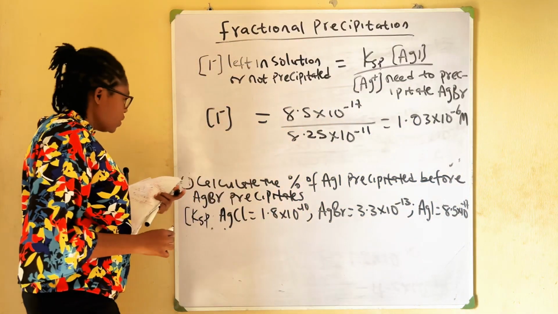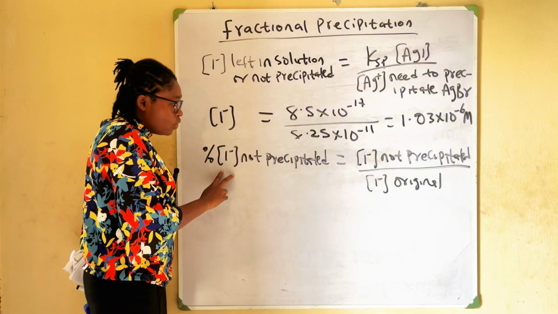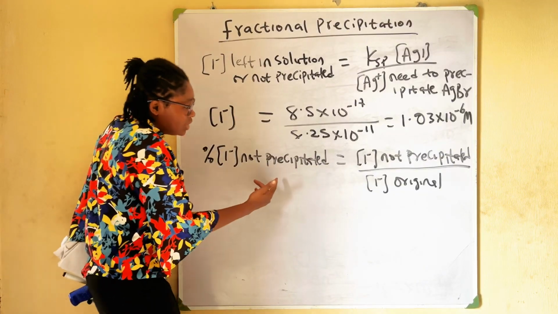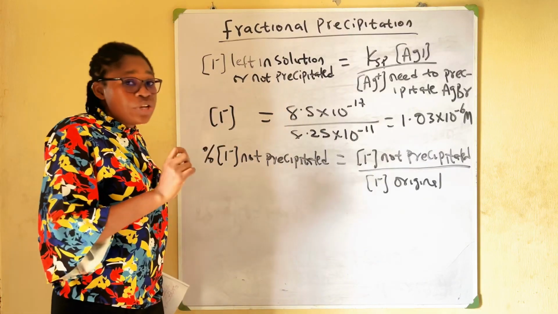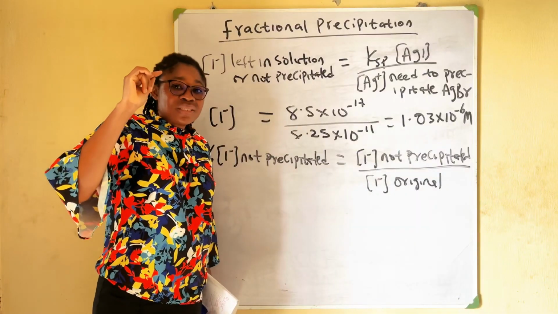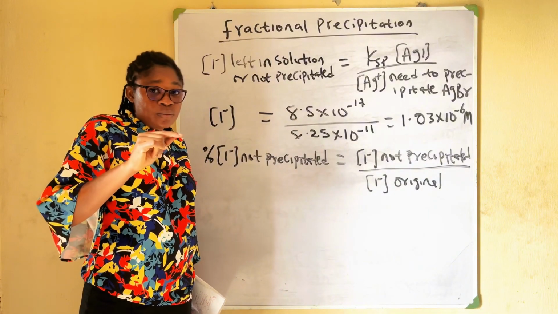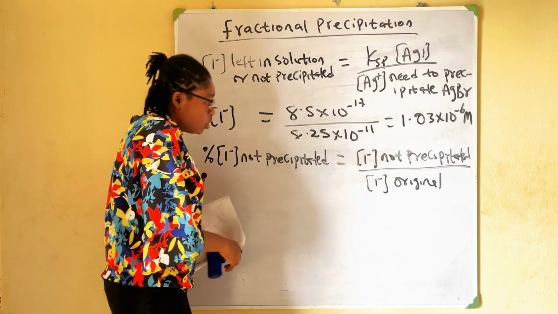Good. So now we're going to look at the percentage of iodide ion not precipitated. So the formula is iodide concentration not precipitated divided by the original concentration. What's the original concentration? That is 0.04 molar concentration of sodium iodide.